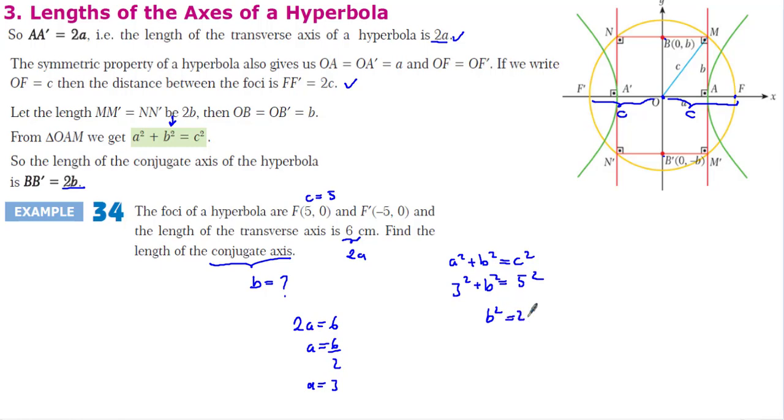B squared is equal to 25 minus 9, so b squared is equal to 16. B is equal to plus or minus 4. The length is positive, so the values are 4 and minus 4, but the length is 2b. It's 2 times 4, which is equal to 8, our answer. The length of the conjugate axis is 8.